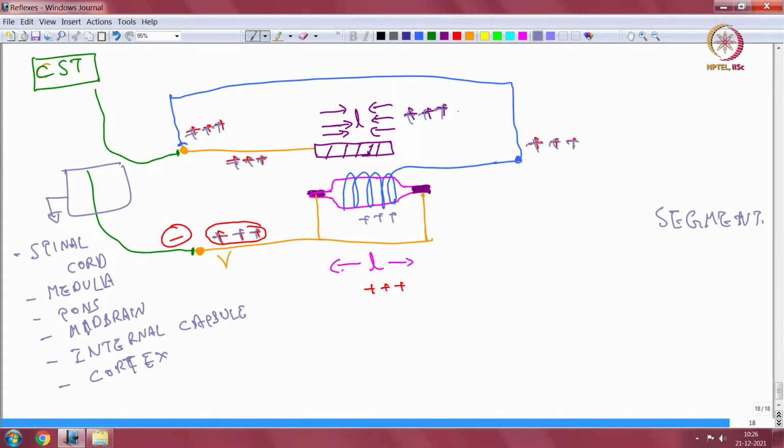So, reiterating, this is the mechanism of an exaggerated stretch reflex. Okay. So, we will stop at this. I have already introduced the concept of polysynapses.